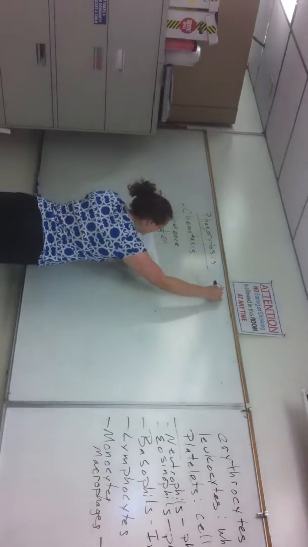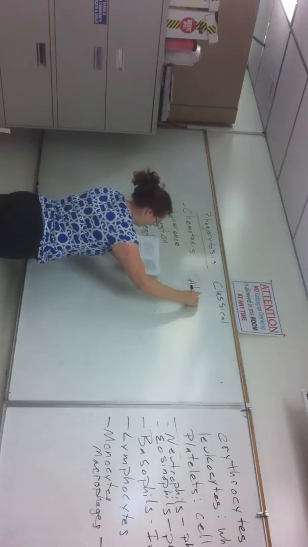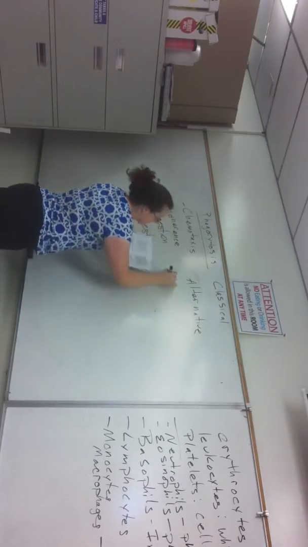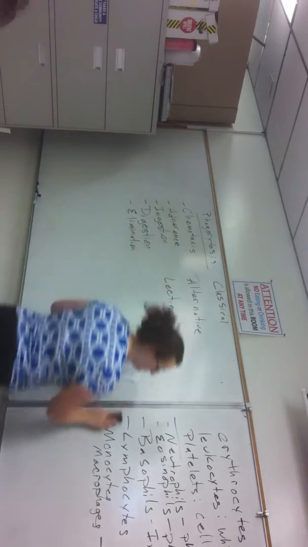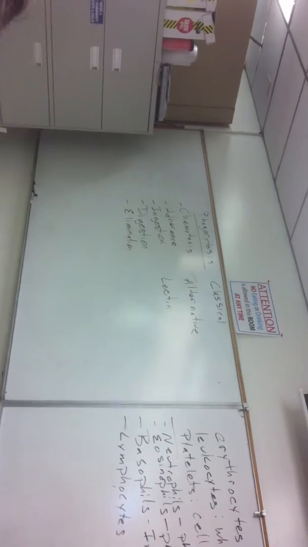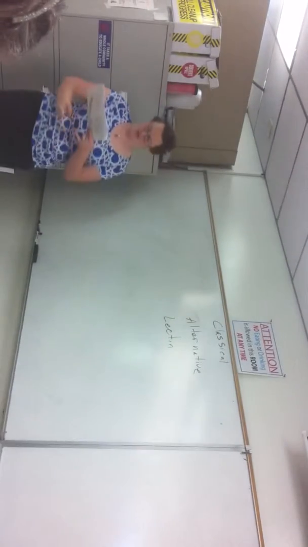Classic, alternative, and lectin. So if we're talking about the complement cascade, what is the general idea of this? What are we talking about? What are these pathways for?